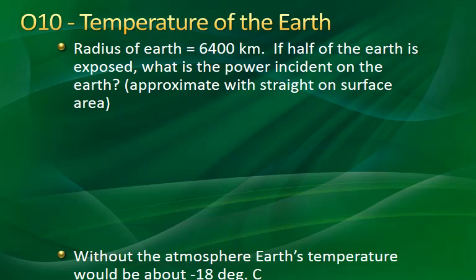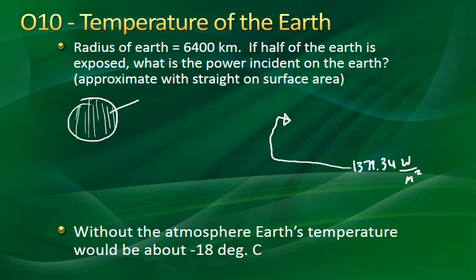If we estimate what hits the Earth, we could approximate a sphere with a circle of light coming in, and that circle is going to spread out over the sphere of the Earth.